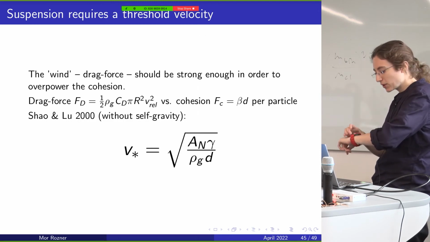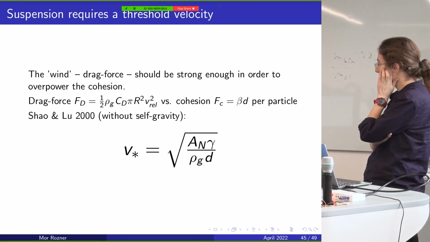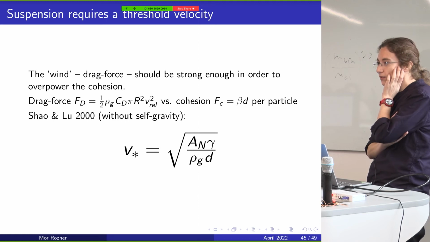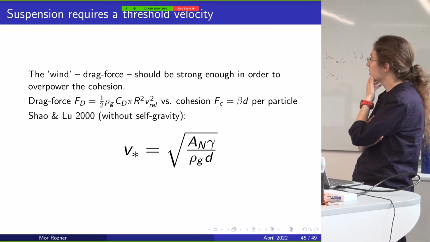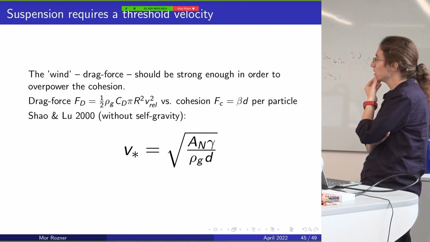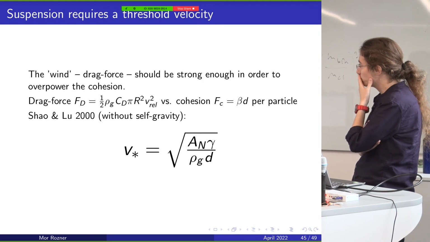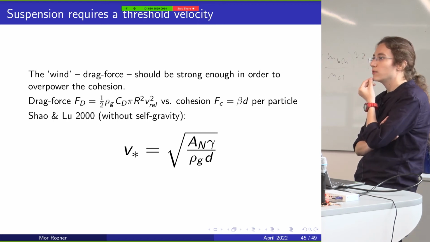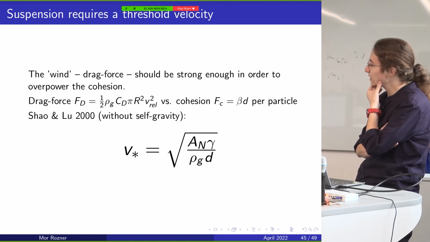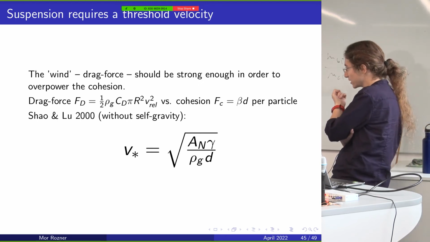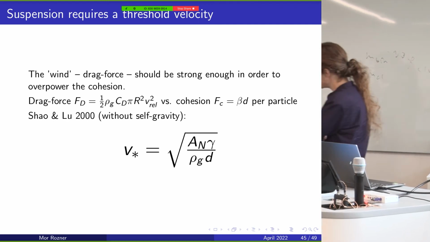And of course, suspension requires a threshold velocity, because if the wind is too weak, then you won't have any kind of erosion. So the wind should overcome the cohesion, and that allows you to derive the threshold velocity above which you have erosion. It scales with the size of the particles inside the large objects, the density of the gas, and some constants.